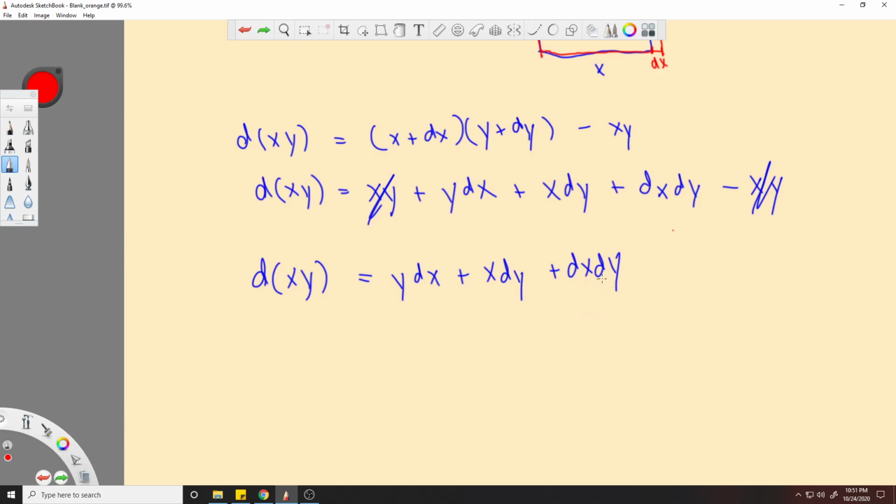So when you multiply those two very small pieces together, it just makes something even smaller than that, right? So this is much smaller in scale to these two. So we can assume it to be 0. And then you're just left with this, which is what we used earlier.